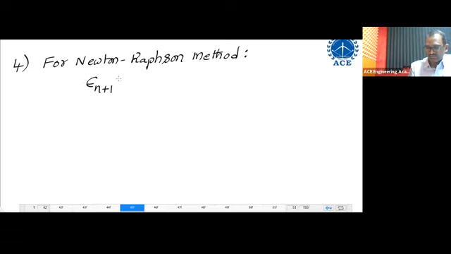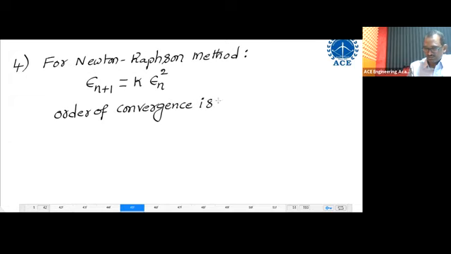So error value at n plus 1th approximation is k into error value at nth approximation power 2. So order of convergence is 2, means quadratic order of convergence.